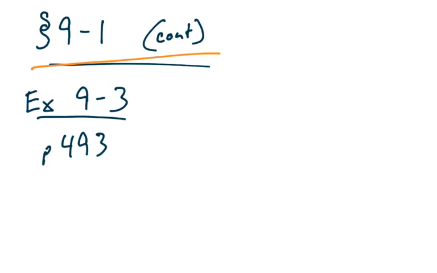And so in this example, it says find the 95% confidence interval for the difference between means in example 9-1. So just flipping back to 9-1, record the different things.